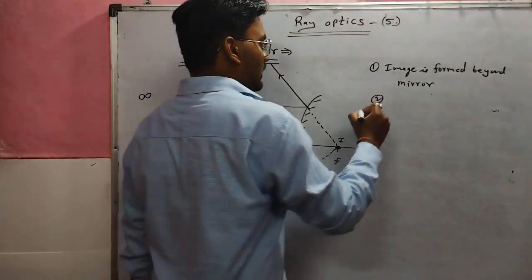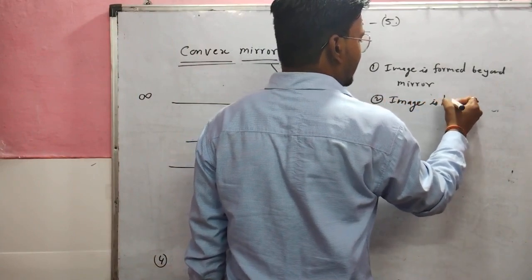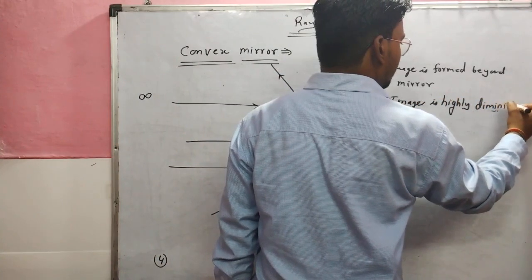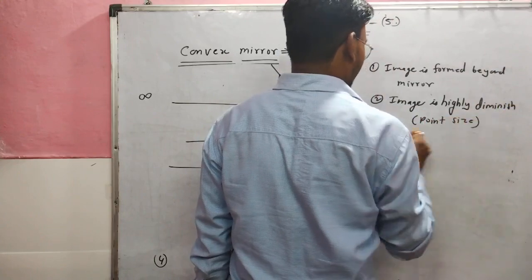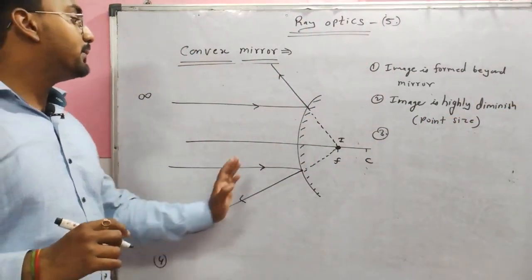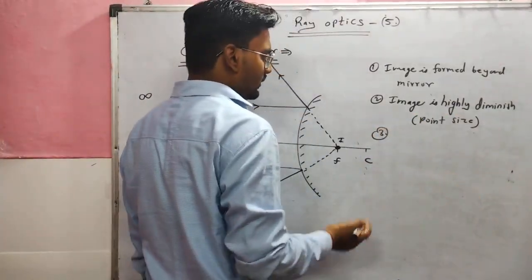So the image is highly diminished. You can say a point size image. The next point is the image is formed behind the mirror. The image is formed inside the mirror. You can say inside the mirror.